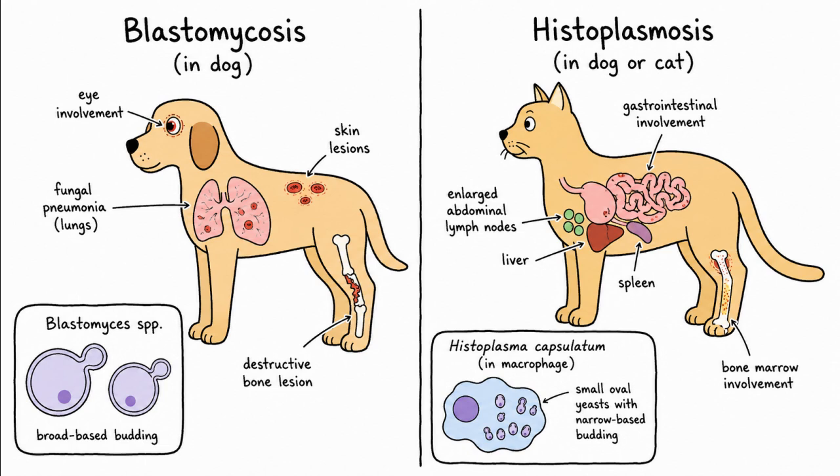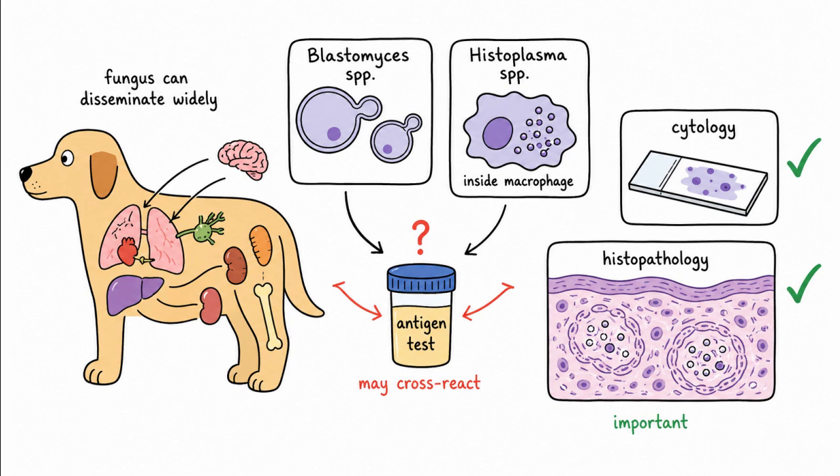Blastomycosis is strongly associated with fungal pneumonia plus skin, eye, or destructive bone lesions, while histoplasmosis more often causes tiny intracellular yeast with gastrointestinal, lymph node, liver, spleen, or bone marrow involvement. Either fungus can disseminate widely, and antigen tests may cross-react, so cytology or histopathology remains important.